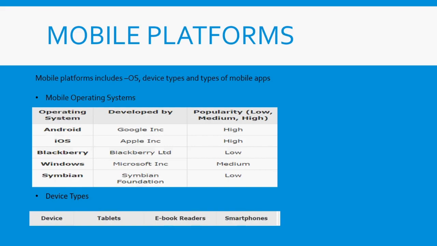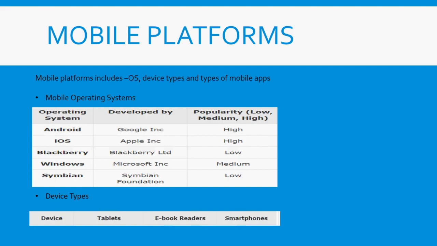Other known operating systems are BlackBerry. There was a time when BlackBerry was in vogue. We have the Windows operating system that we use every day, both in our homes and in our offices. And then there's Symbian, which is very low in popularity. A lot of tablets and devices are Symbian, but they are not as common as they were before.